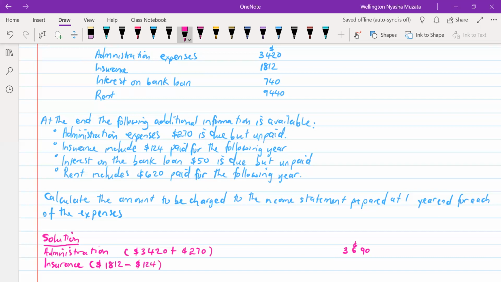Remember, we are matching the expenses for the same accounting period with the incomes and revenues for that same accounting period. So you get 1,688 as the expense to be written under operating or trading expenses.